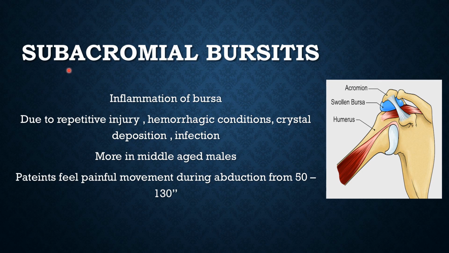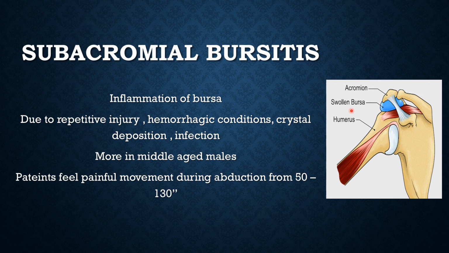So in subacromial bursitis there is inflammation of the bursa that lies below the acromion process of the scapula, and the etiology behind this inflammation is repetitive injury to the bursa, and maybe it is due to pathological hemorrhagic conditions, right? And sometimes due to crystal deposition like calcium deposition behind the supraspinatus tendon, and sometimes due to infection.